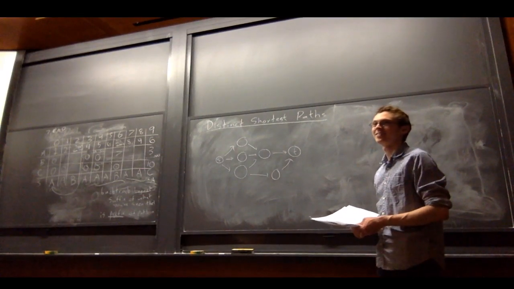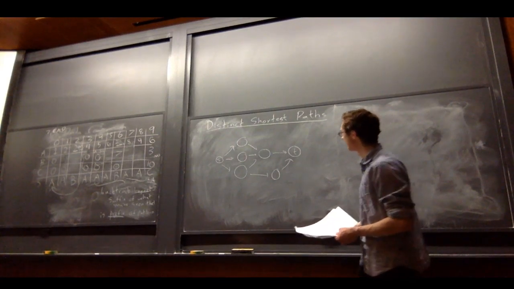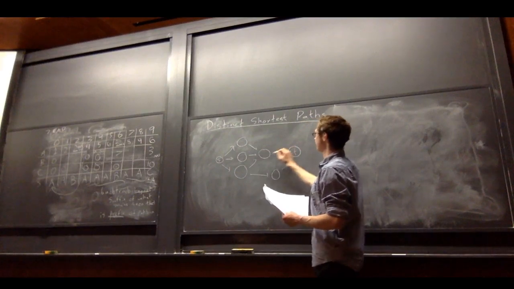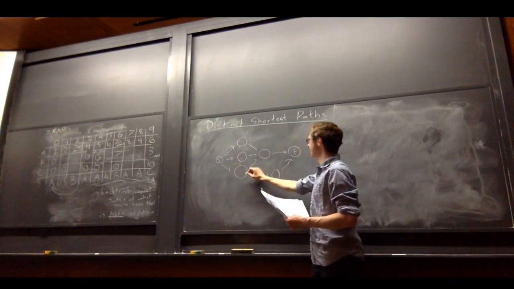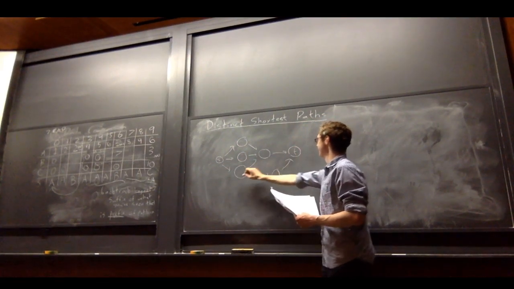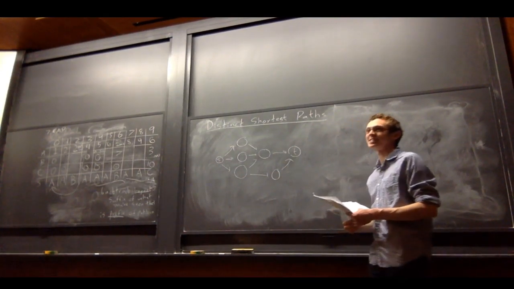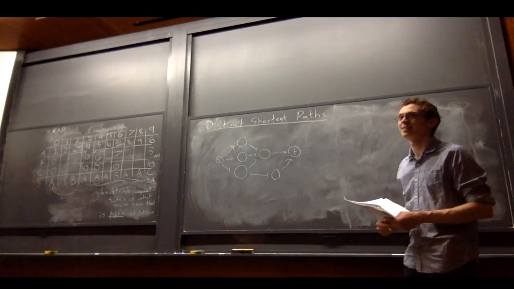There's 4. Yeah. So for all of these cases, we can take this path up here, we can take this one down the middle, we can go here, go up and take this one, or go down and take this one. So there's 4 distinct ways to get from S to T.